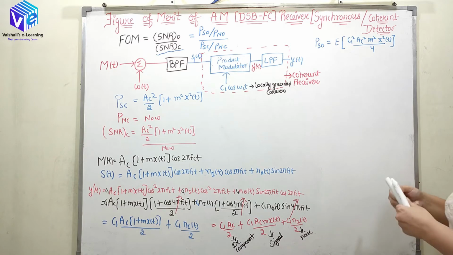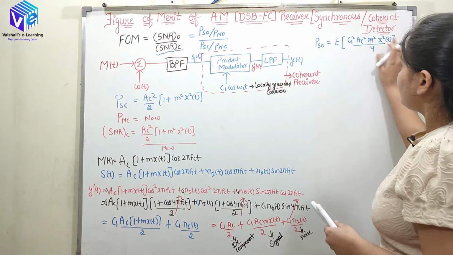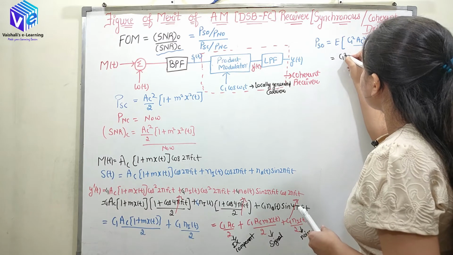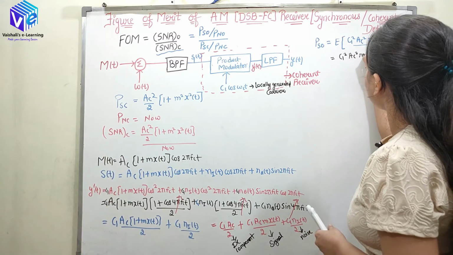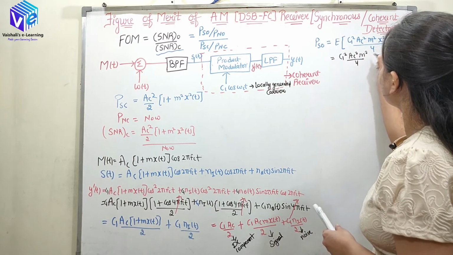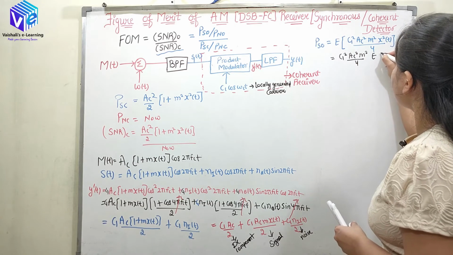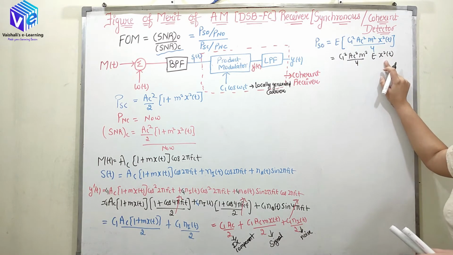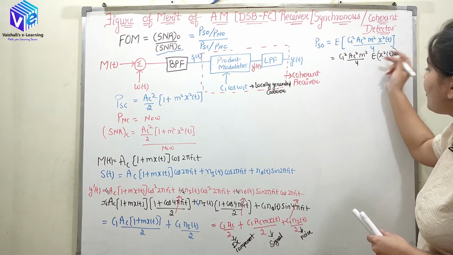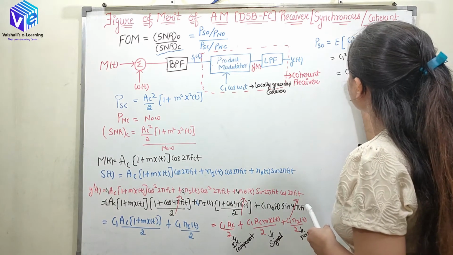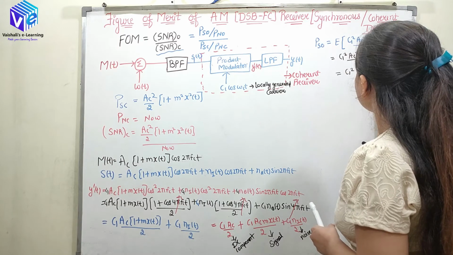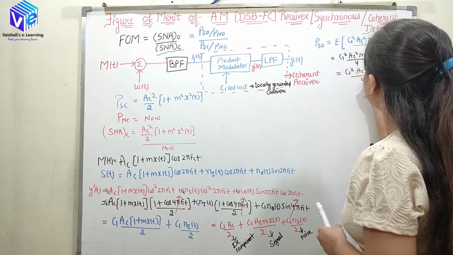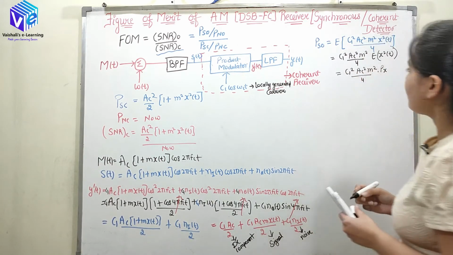Here I'll take c1² Ac² m²/4 as common, so I'll have E of x²(t). I know E of x²(t) represents the power of the signal x. So here I'll have c1² Ac² m²/4 times the power of x.